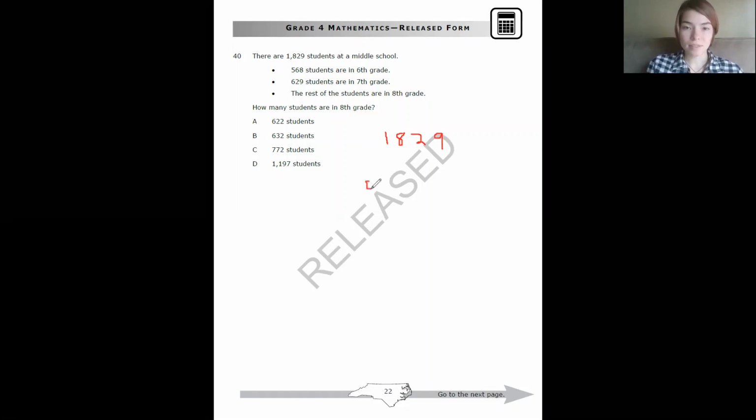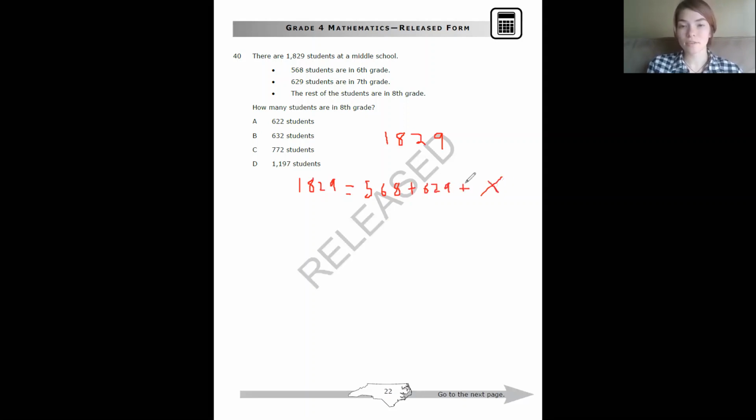So that means that 1,829 equals 568 plus 629 plus x, where x is the number of students in 8th grade, and this is the number of students in 6th, and this is the number of students in 7th.